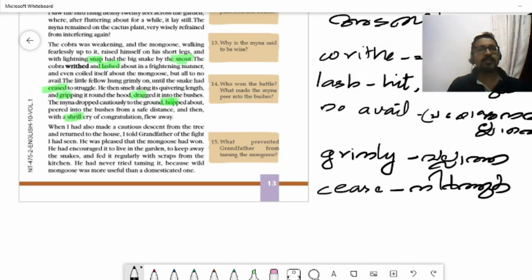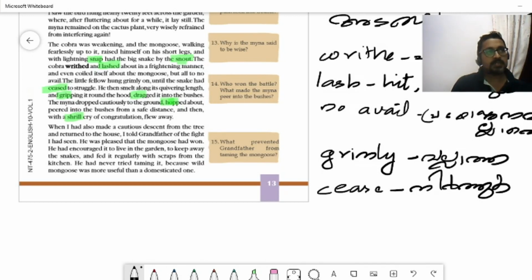The cobra tried to lash it, tried to strike it, tried to coil round the mongoose, and it twisted in a frightening manner, but all these attacks by the cobra were of no use, and after a while it stopped struggling. It ceased to struggle.